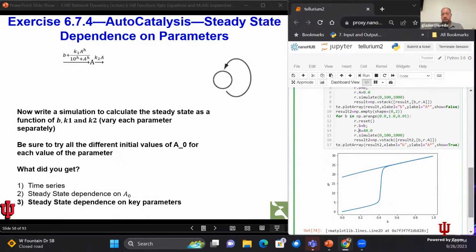And I get this. Does anybody want to explain to me what that is showing? What is the y-axis?